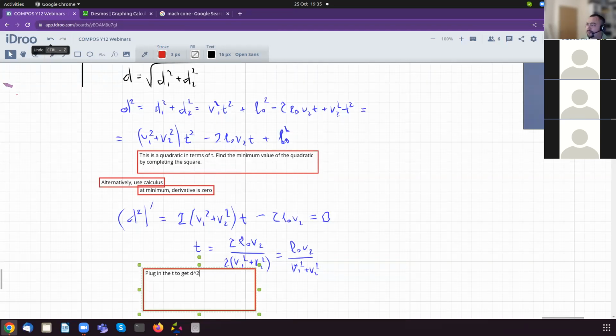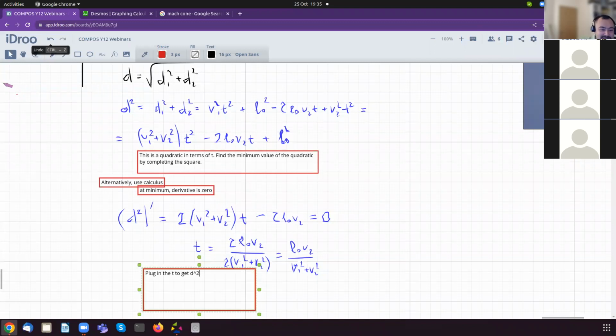I really don't see how it is the minimum value. Okay, C minus B squared over 4A. Yes, that is correct. But not what you said.